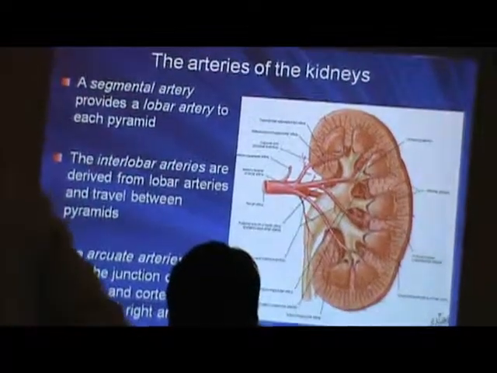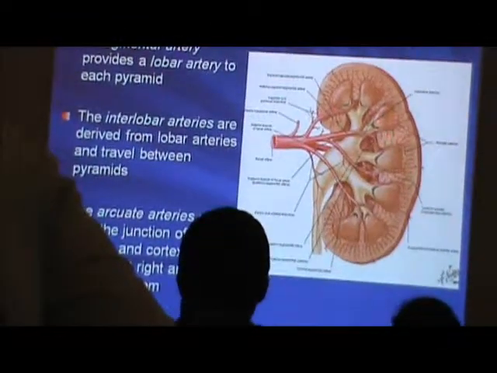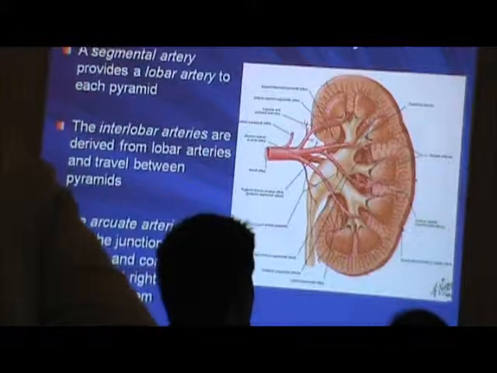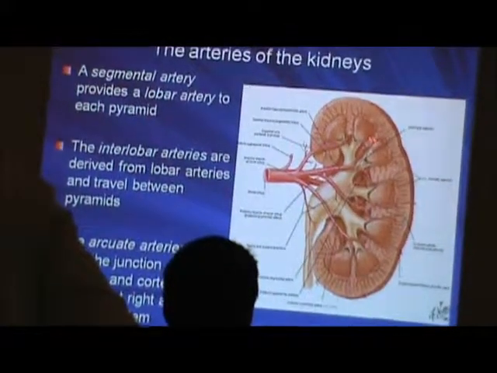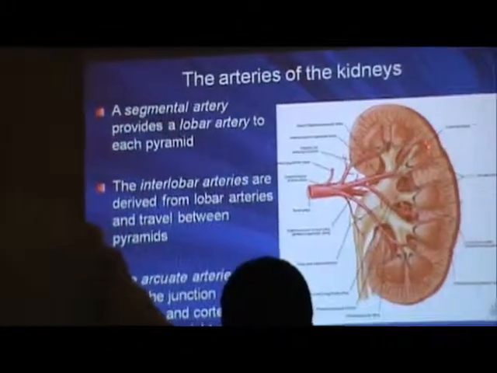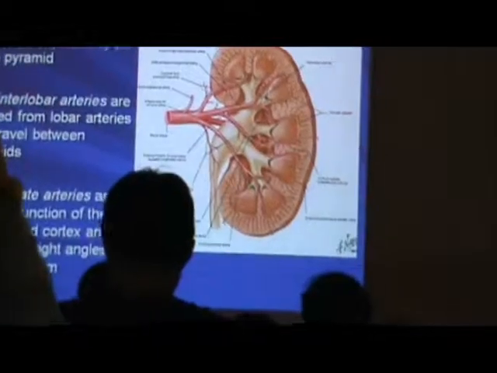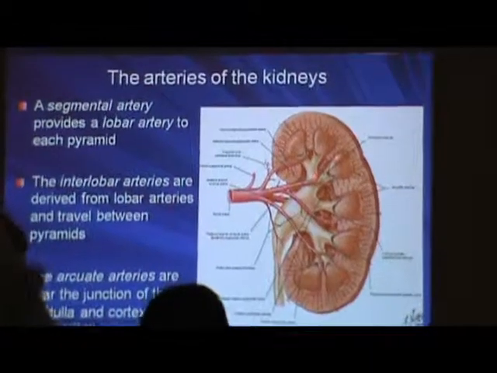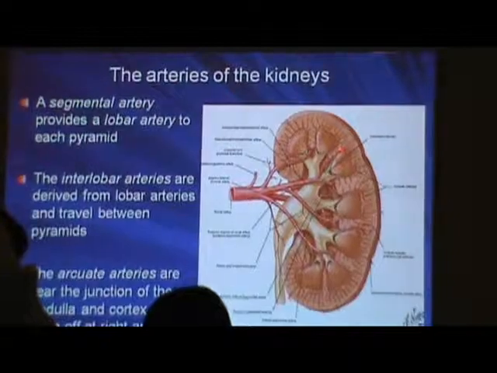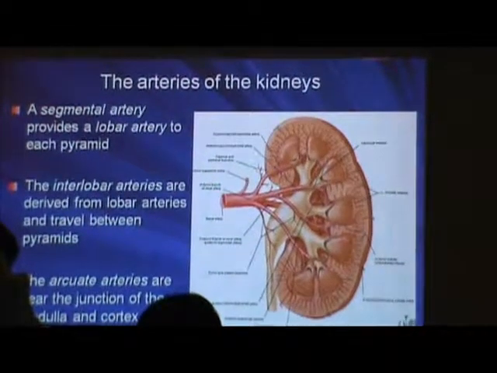Next, the interlobar artery forms an arcuate artery. The arcuate artery is near the junction of the medulla and the cortex and gives off branches at right angles to the parent stem. So: segmental, lobar, interlobar, and arcuate.